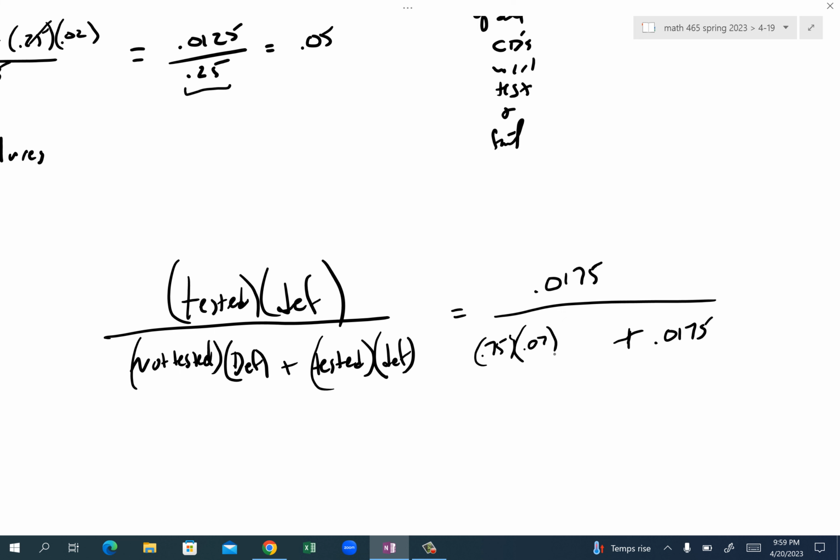And so, yeah, that makes sense. So 0.0175 divided by 0.0175 plus 0.75 times 0.07. There's a 25% chance that it was tested, given that it was defective.